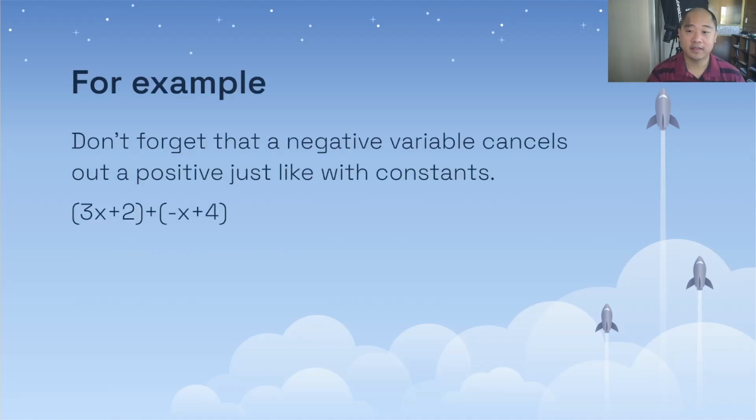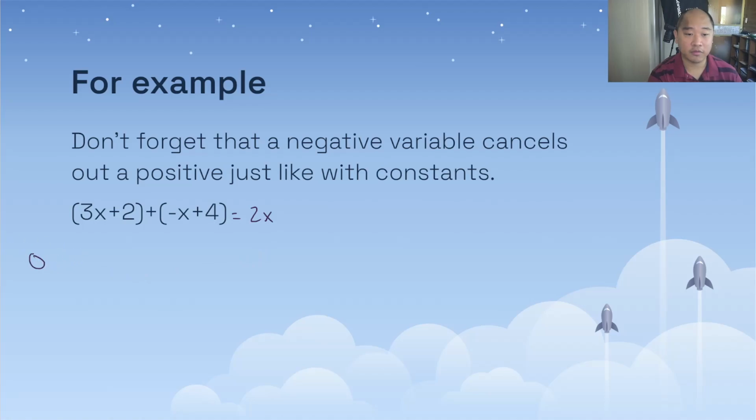Don't forget that a negative variable cancels out a positive variable or constant, right? So if you have, for example, a 3, and then you add a 2 to that, but then you subtract a 2, then the add 2 and the subtract 2 cancel each other out, right? In that same way, if we have a 3x and then we add a negative x to it, that's basically canceling out one of the 3 x's. So that leaves us with 2 x's.